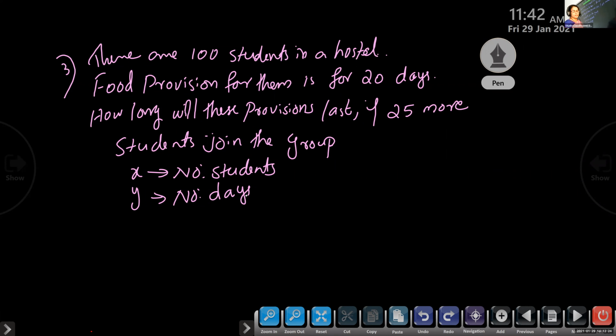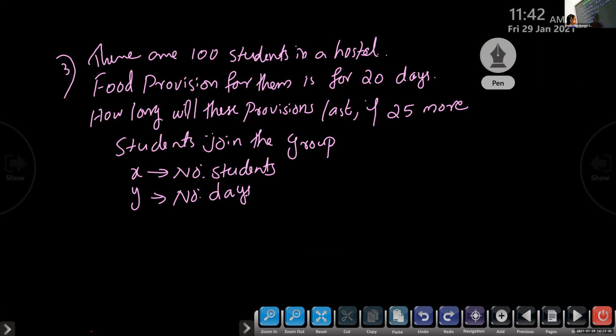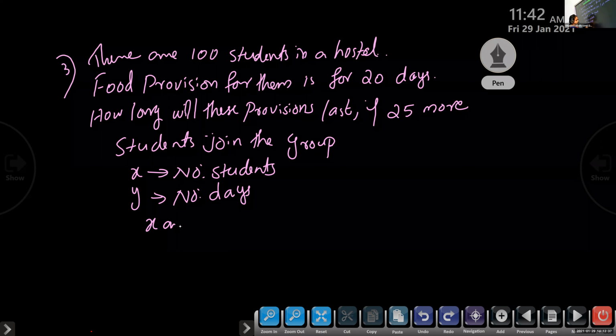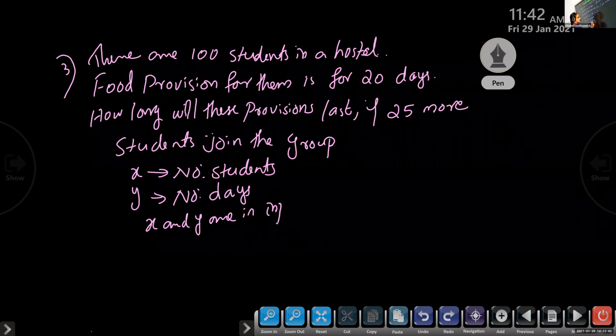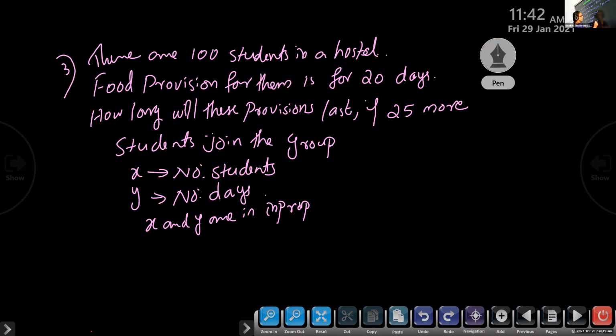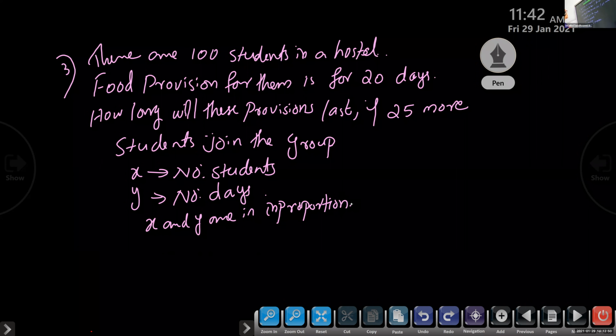As X, number of students, increases, the food will be decreased, so number of days will decrease. So here we can say that X and Y are in inverse proportion, or inversely proportional.